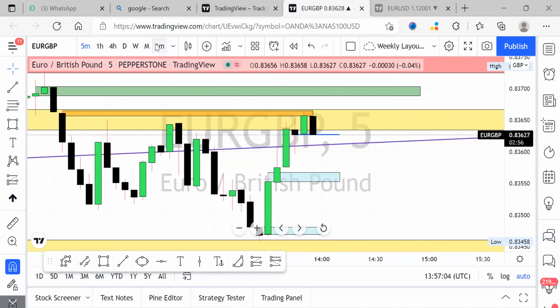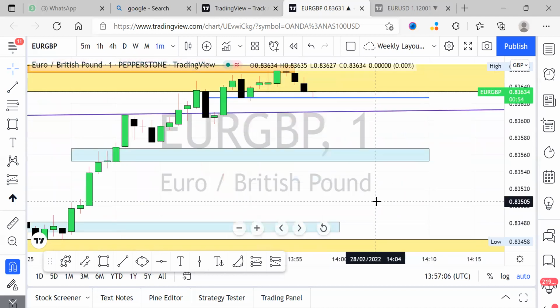If we look at that from the minute point of view, that blue line has to be broken, then continuation to the downside. So let's see what happens over the next couple of minutes. While we're watching this, any questions, fire away.